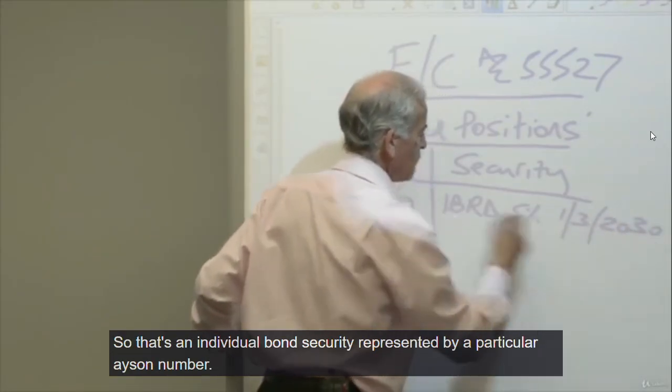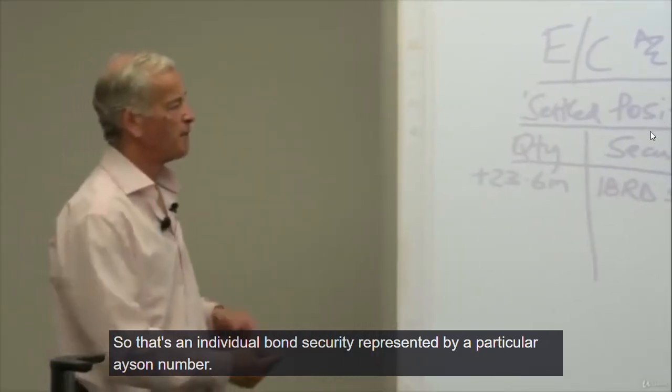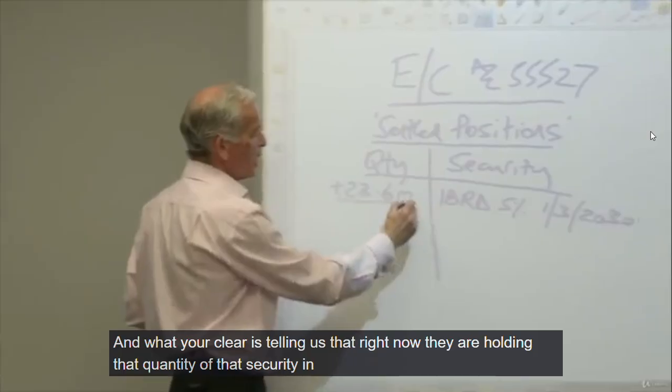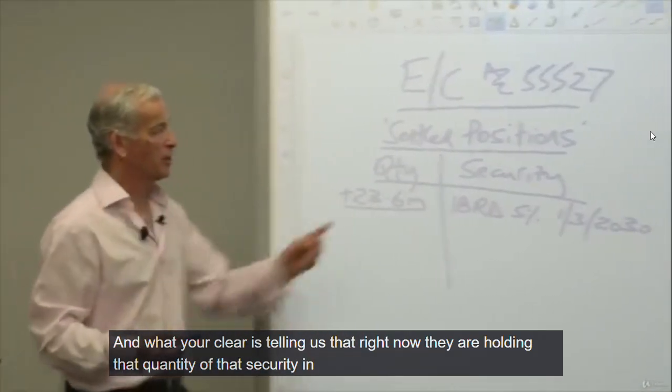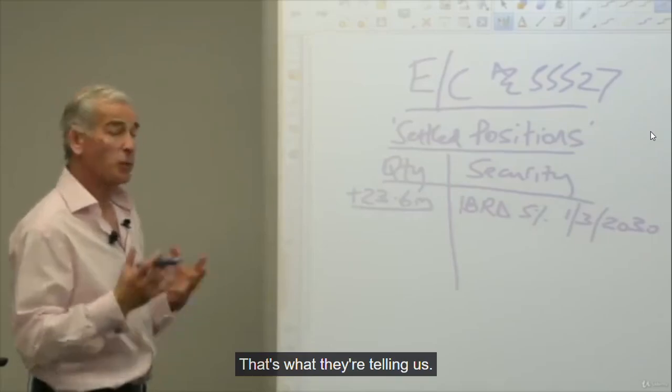So that's an individual bond security represented by a particular ISIN number. And what Euroclear is telling us is that right now they are holding that quantity of that security in this account of ours. That's what they're telling us.